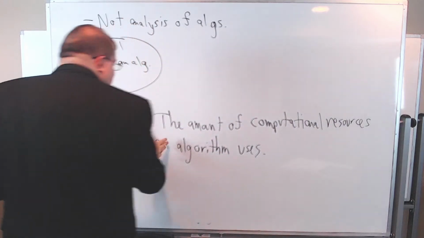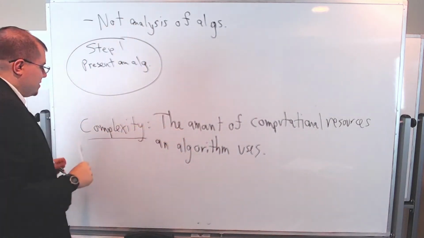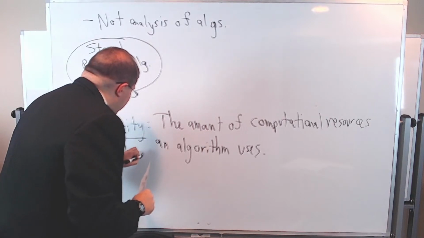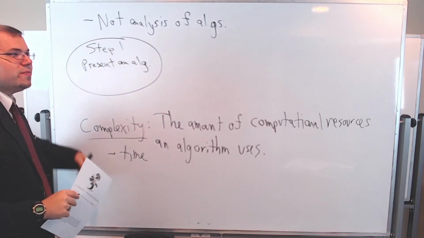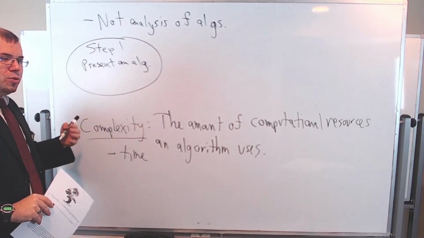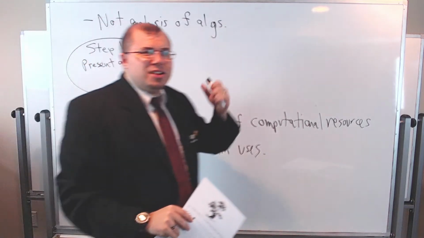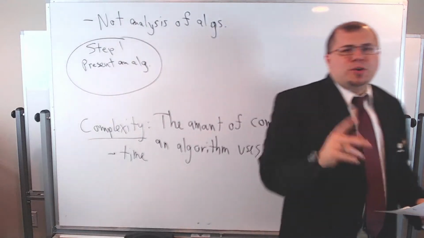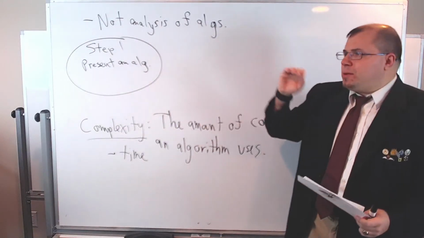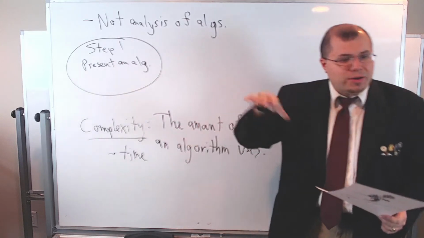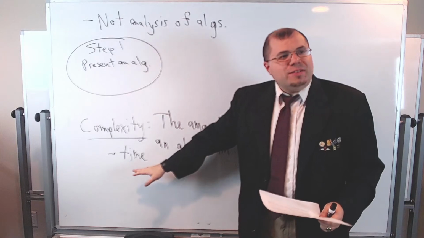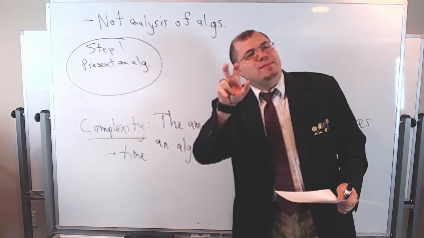So, what do I mean by resources? Oftentimes what people in algorithms are interested in is time. This is the amount of time in terms of a number of operations. When I talk about operations, I'm talking about things like arithmetic operations, conditional statements, and comparisons like less than or equal, greater than or equal, equals. I'm talking about operations that are so-called primitive or simple.